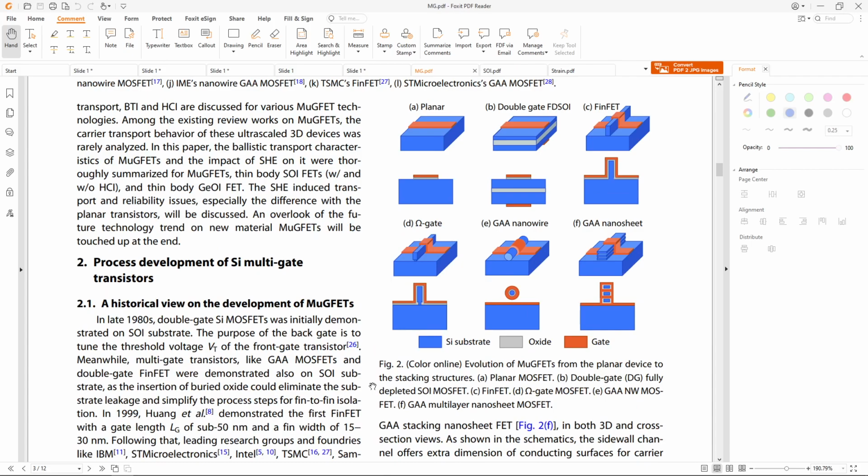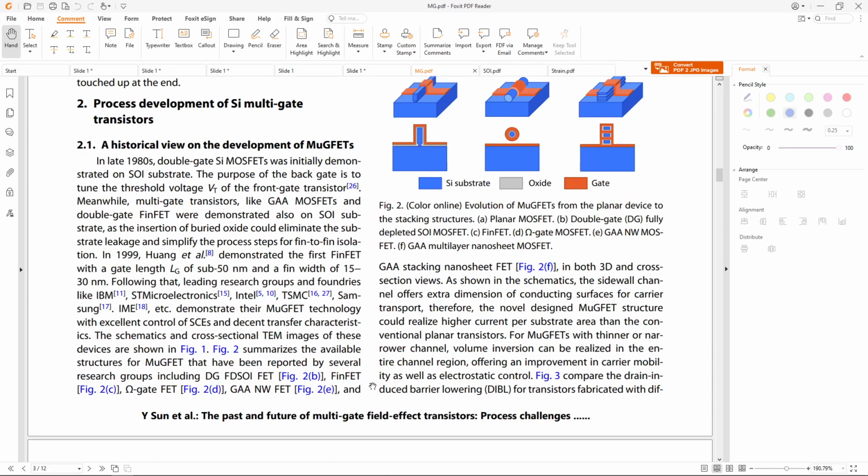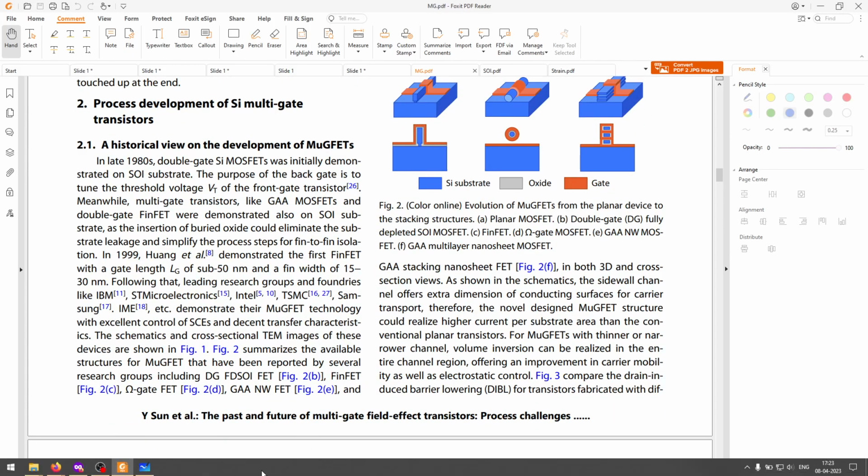Some are telling that if we are getting higher peaks of energy value, then this device is good. Higher peaks, what do you mean? Higher peaks of energy, sir, for density of states.